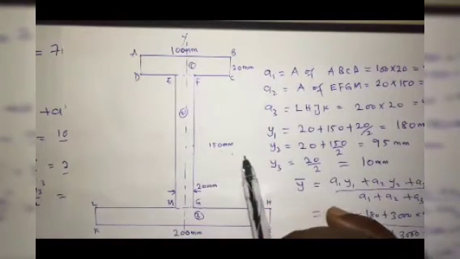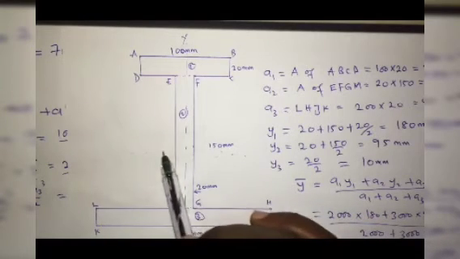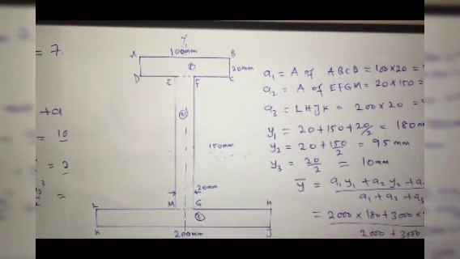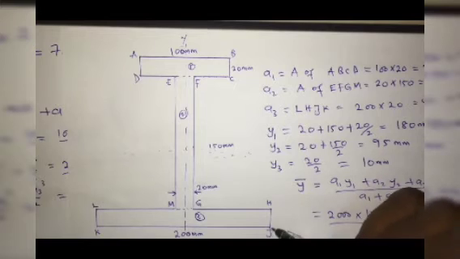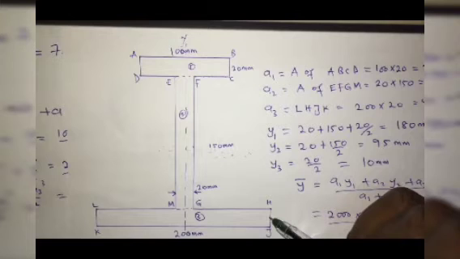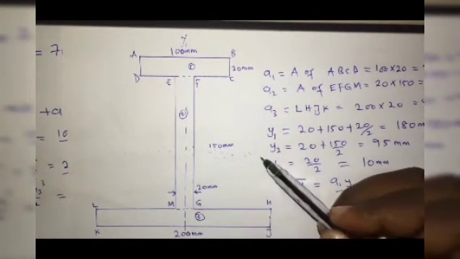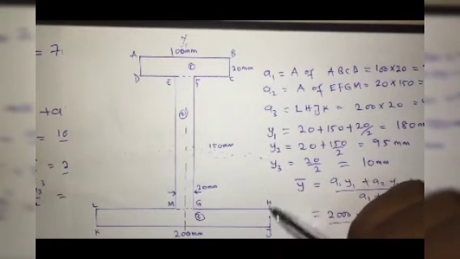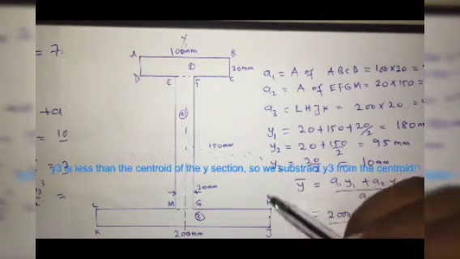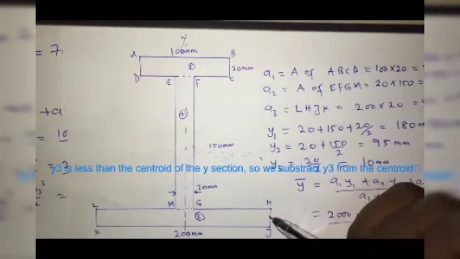The centroid of the third rectangle is smaller than the centroid of the whole section, so we subtract it from the centroid of the whole section. That's why we have 76.11 minus 10, which is 66.11.